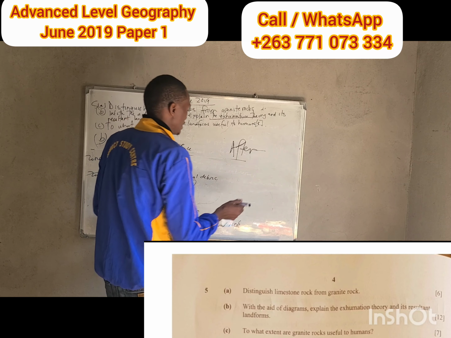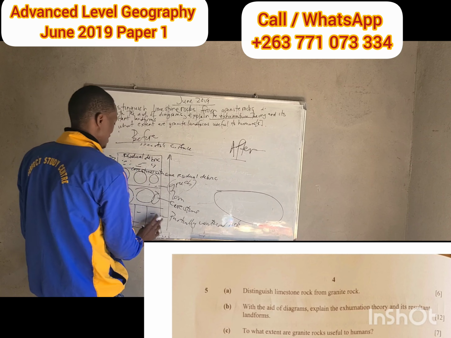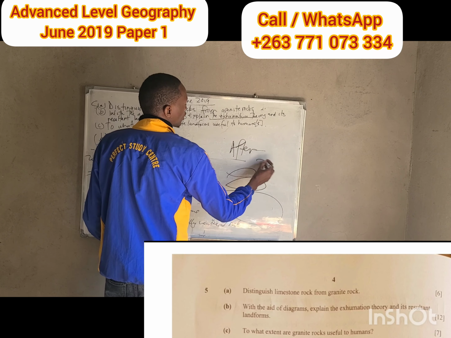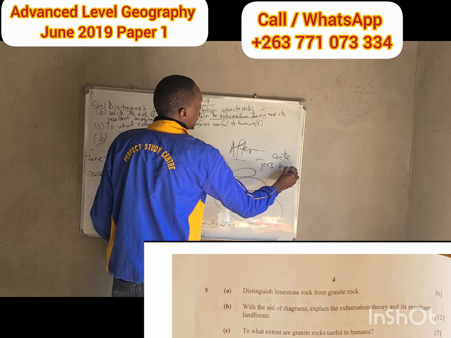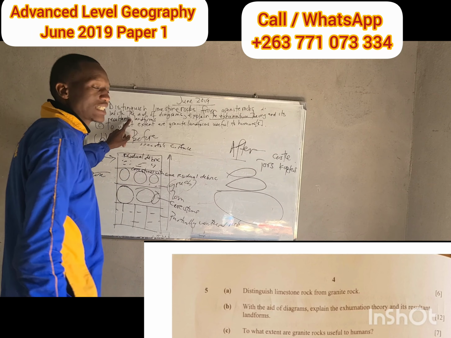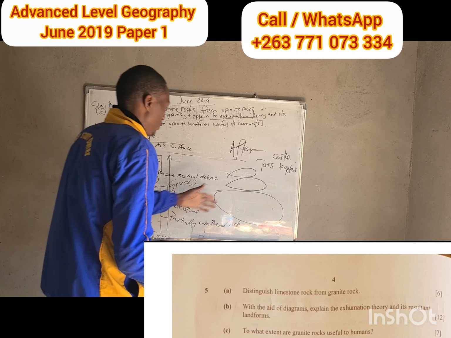That is your explanation. Then you show us like this. So these are stones now balancing each other, forming tors, forming castle kopjes. So this is how you explain the exhumation theory and its resulting landforms. Are we together? So I'm done with this.